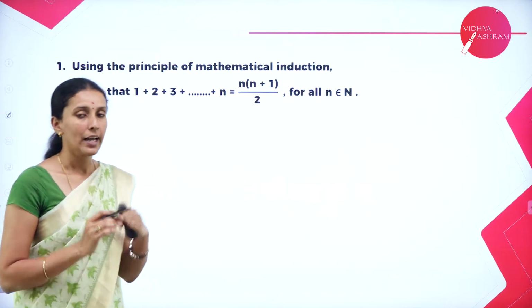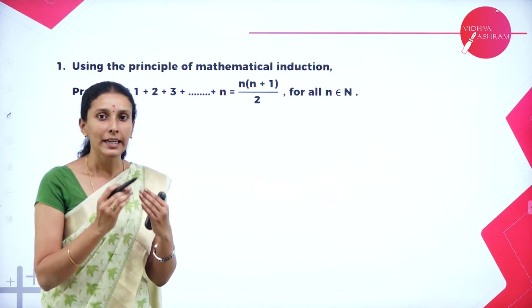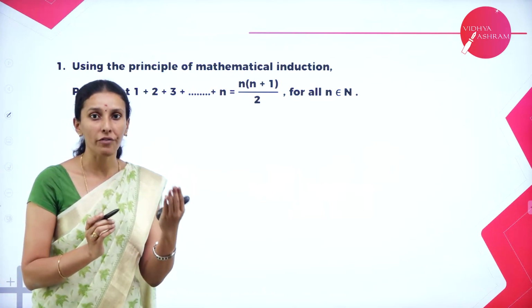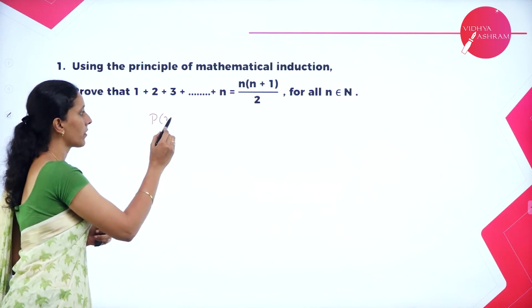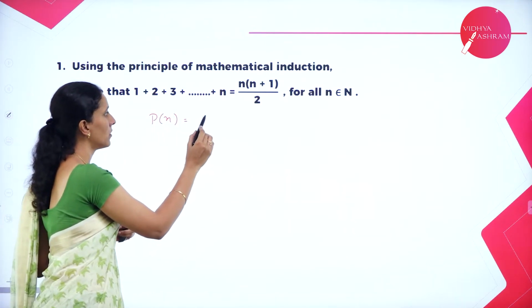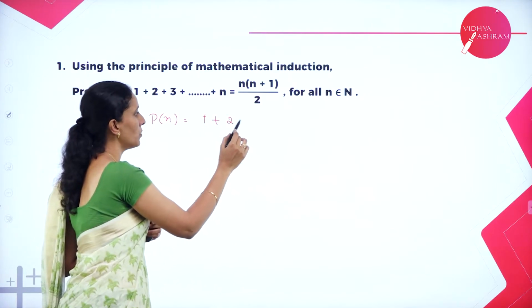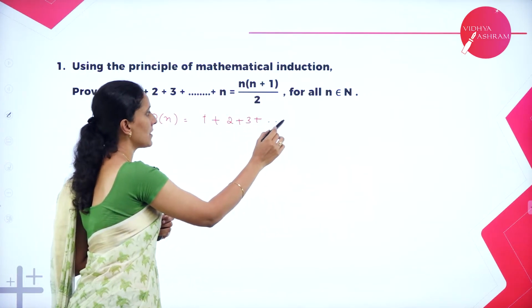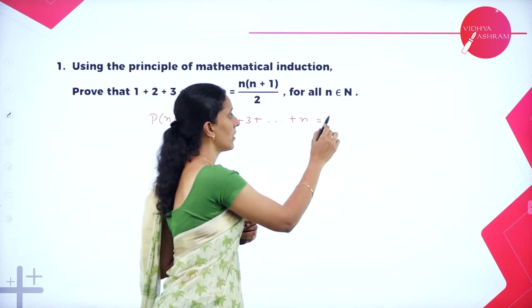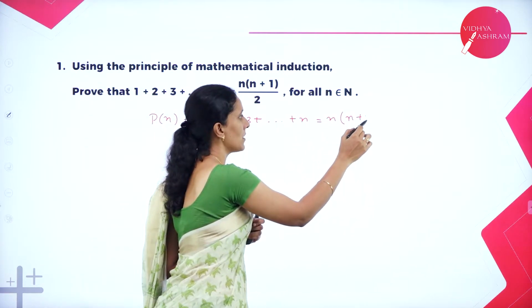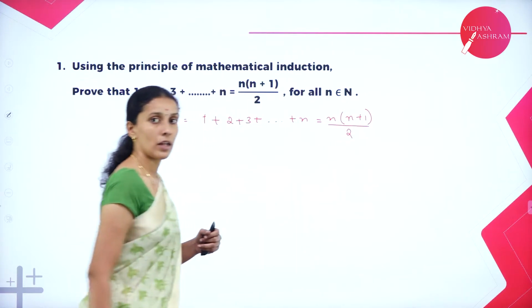So, I said we will first take the statement as P of n. Let us take P of n is equal to 1 plus 2 plus 3 plus etc. plus n is equal to n into n plus 1 divided by 2.